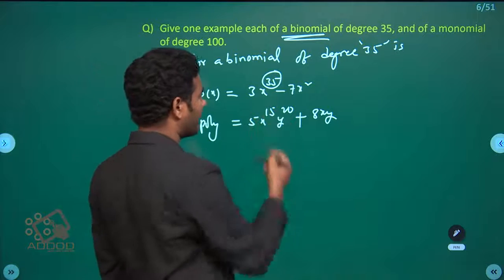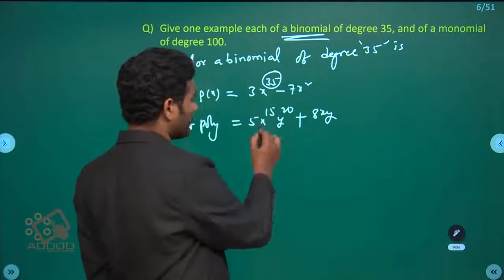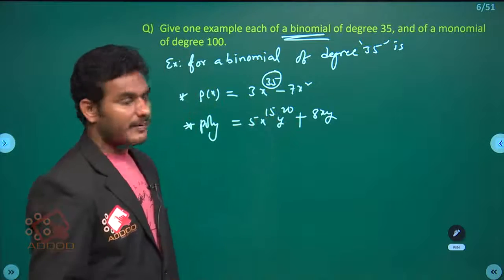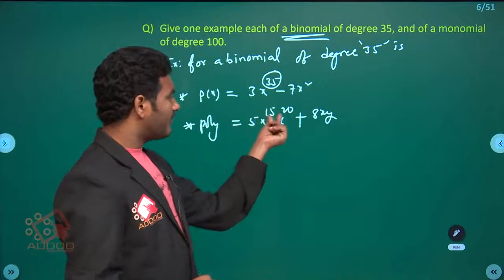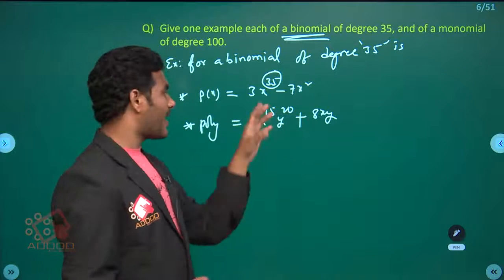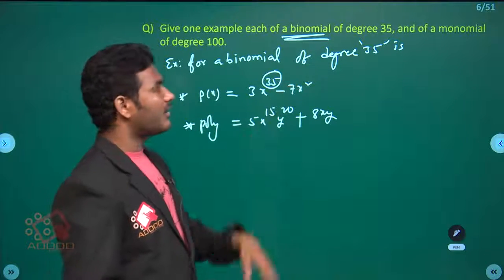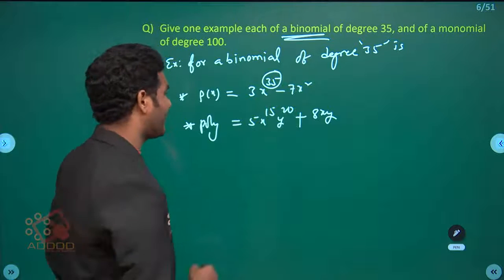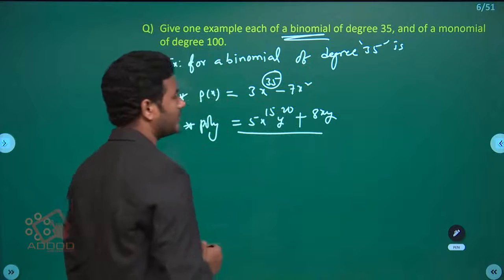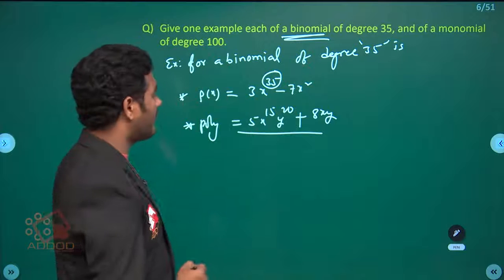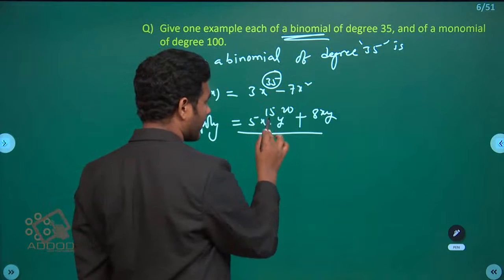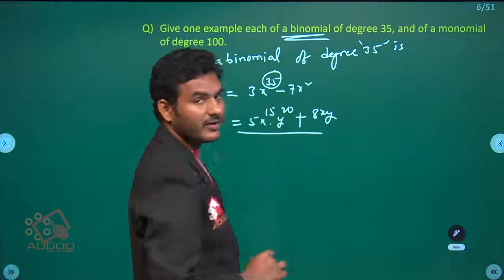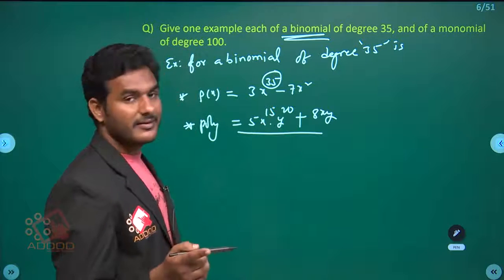Here x power 15 I am taking, but we need 35, so y power 20. 15 plus 20 is 35 only. Whenever we have two variables multiplied, compulsorily we have to add the powers. So this is one expression with powers 15 and 20. Adding both, you get the degree as 35. That is the highest degree.